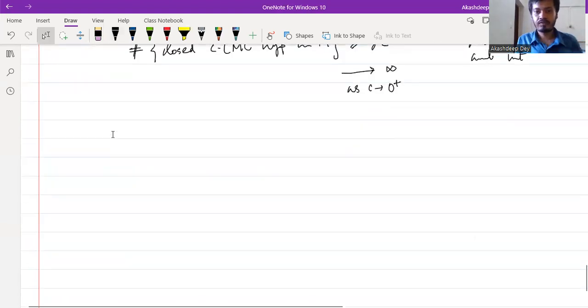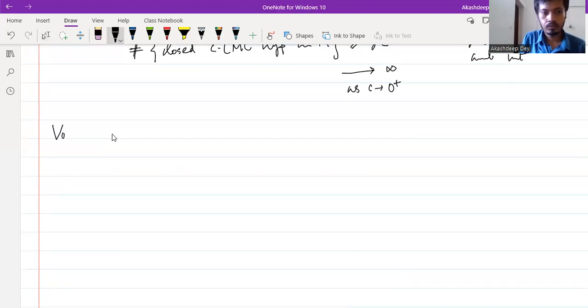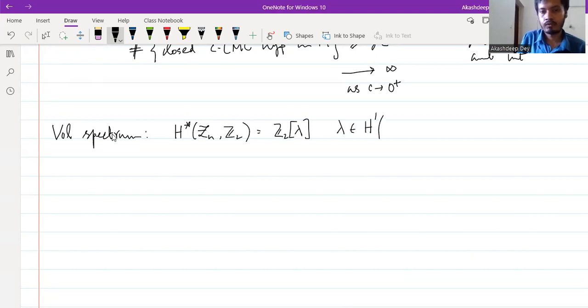So I'll briefly talk about the volume spectrum. As I mentioned earlier, the cohomology ring of Z_n with Z mod 2 coefficients is the polynomial ring Z mod 2[lambda], where lambda is in H^1(Z_n, Z mod 2).